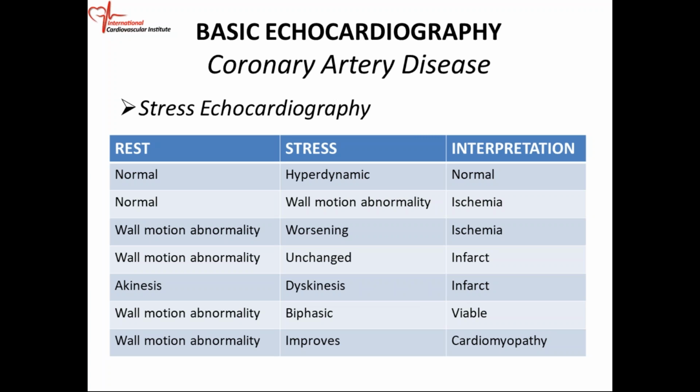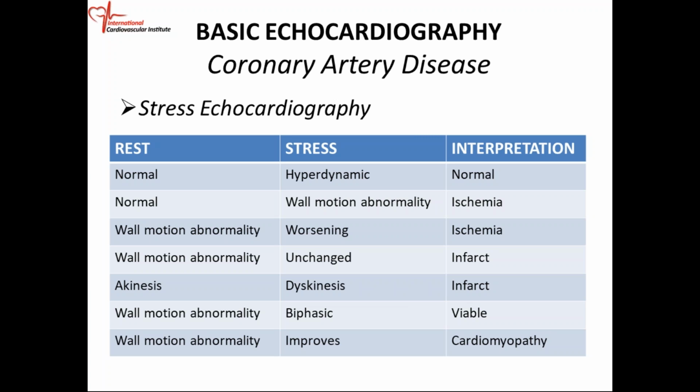A normal response to dobutamine is that it's going to increase the heart rate and increase contractility. So at peak dose it's going to increase quite a bit, and with recovery it's going to reduce back to where it was.